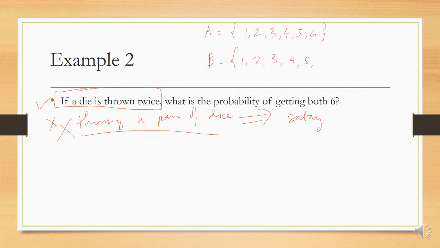Hindi naman nababawasan yung phases ng die natin kapag binato mo siya ulit. Okay? Ayan siya. So, 6 yung ating makukuha.